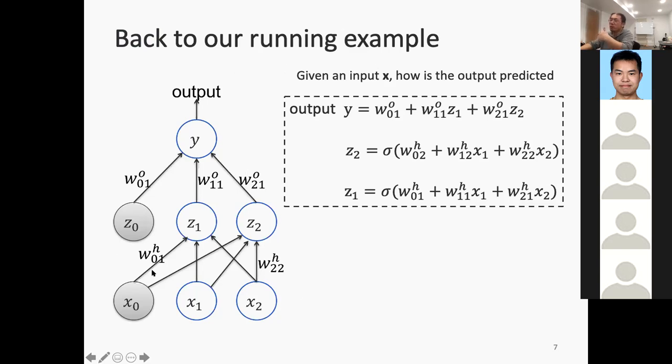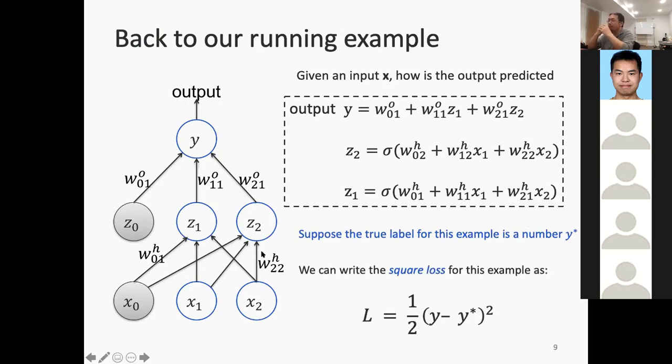Through the forward pass, we can compute our prediction, the value of the output neuron, y. And suppose we have the training label, which is y star. To define a loss, we can write a square loss. This is the most commonly used loss for neural networks. The square loss is just the square of y, the prediction, minus the ground truth, and then take the half.